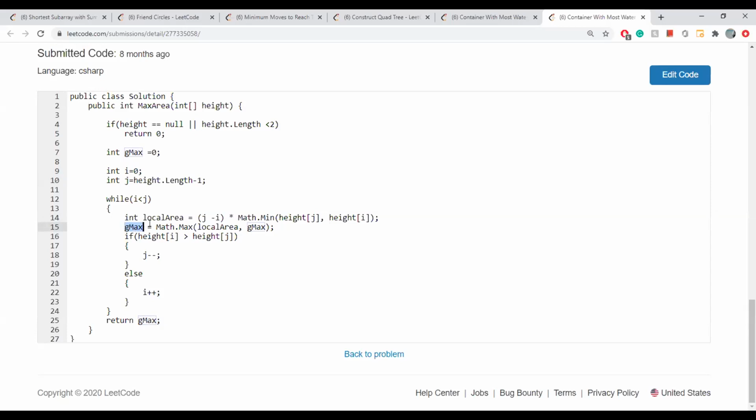Whichever is the max, I'm assigning it to the global max. And this if-else will move i and j, whichever bar is less. If the left side bar is less, I'll increment the left side bar. Otherwise, j will reduce, which is the right side bar.